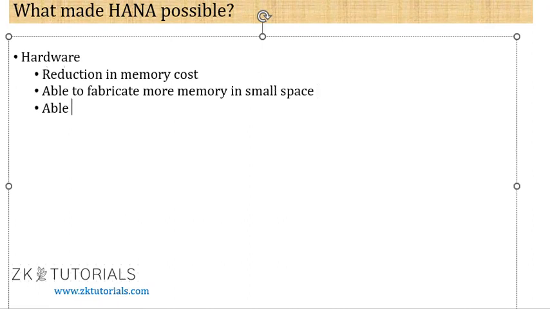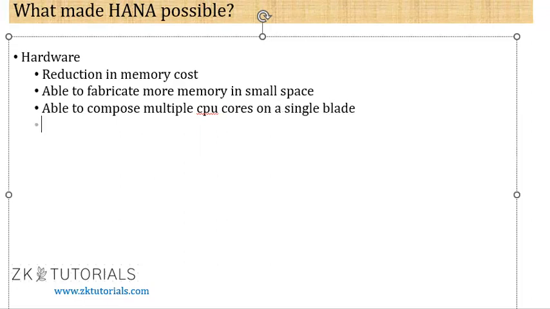Third, being able to compose multiple CPU cores on a single blade, giving faster throughput times. These are all the innovations which have made the HANA advancement in the industry.